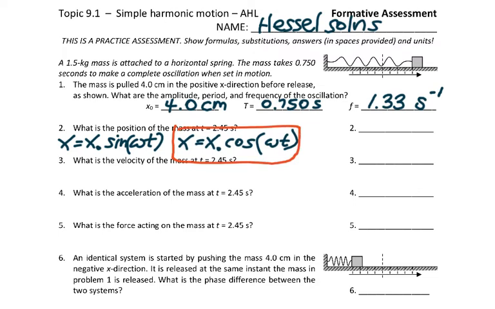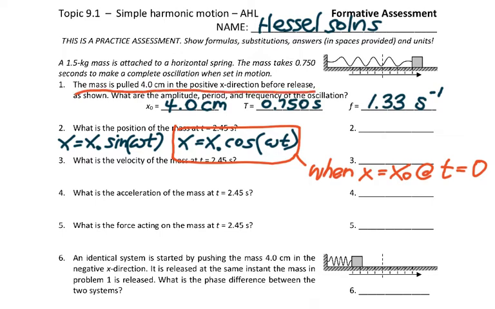The reason why we use cosine is when your initial condition displacement, when time is 0, when you begin at the starting point, the displacement is the equilibrium condition. And we see that right here, that it says that the mass is pulled 4 centimeters in the positive x direction before release, right?